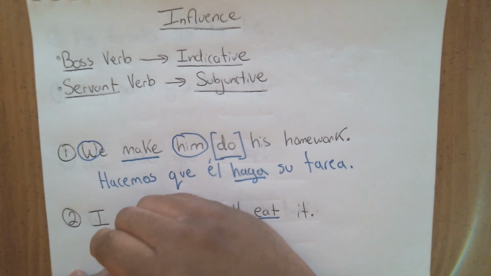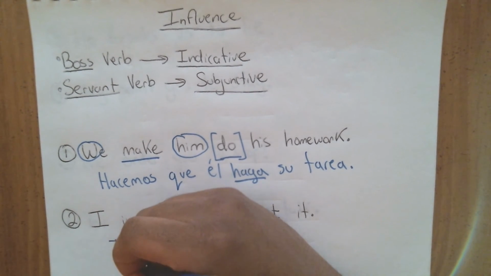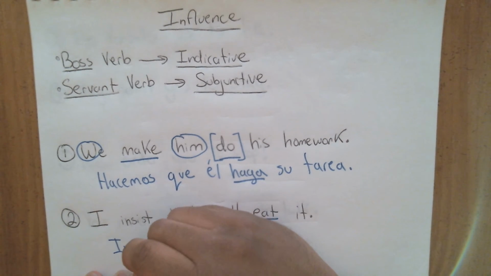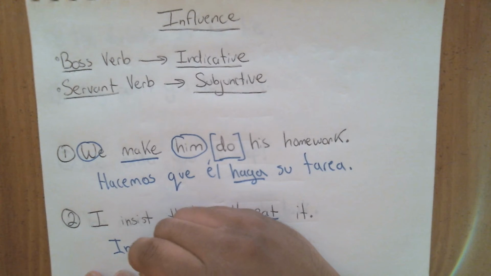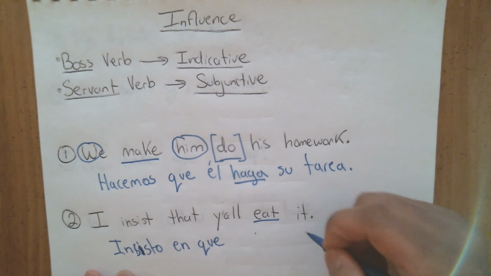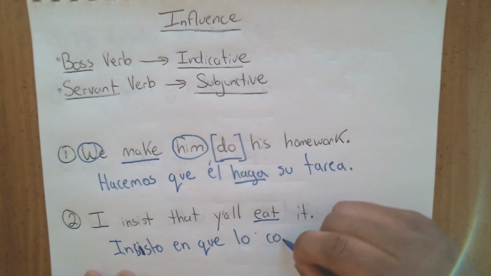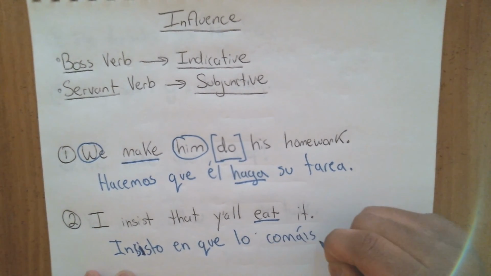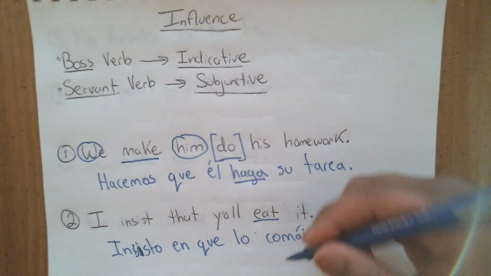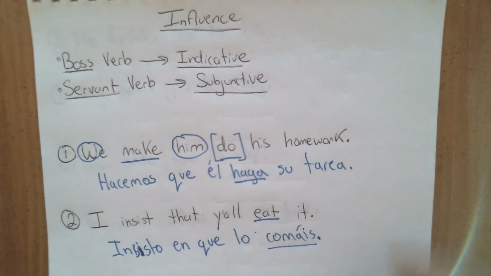So when I say I insist that y'all eat, insisto, okay, that's an I, insisto en que lo comáis, okay? I insist that y'all eat it, okay? Remember, comer is going to go in the subjunctive.